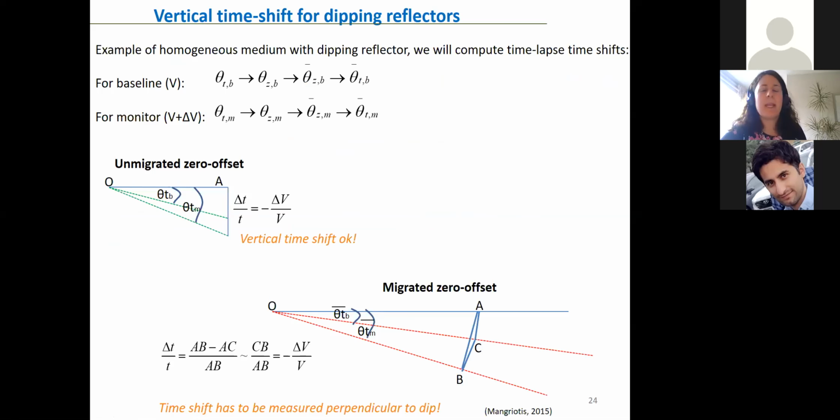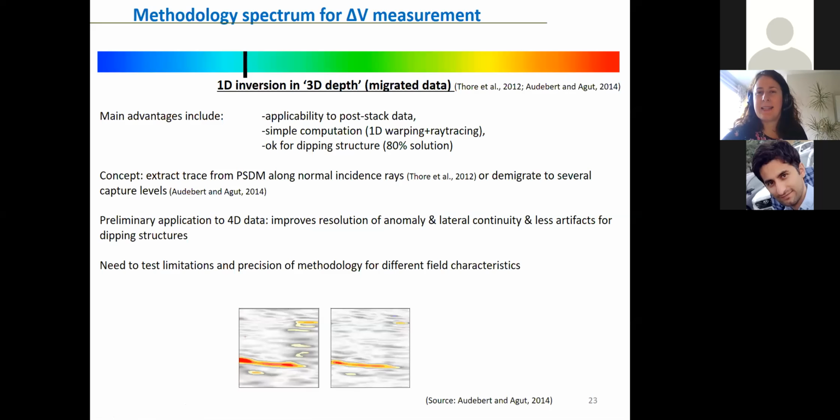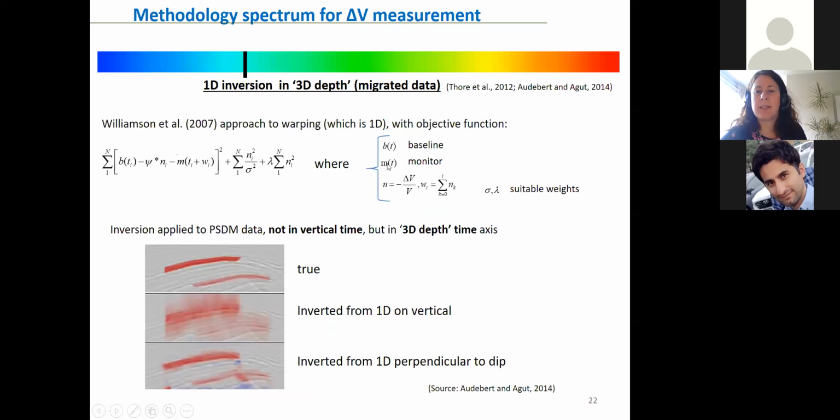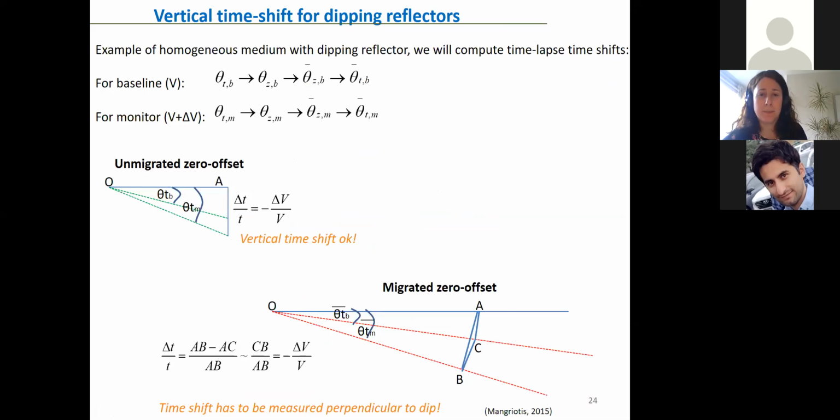Seeing this, I wanted to understand it, and I thought there must be a way to explain it with very simple algebra. And indeed, if you assume a homogeneous medium and a dipping reflector, I can define the angles of dip in both the time domain and the depth domain.